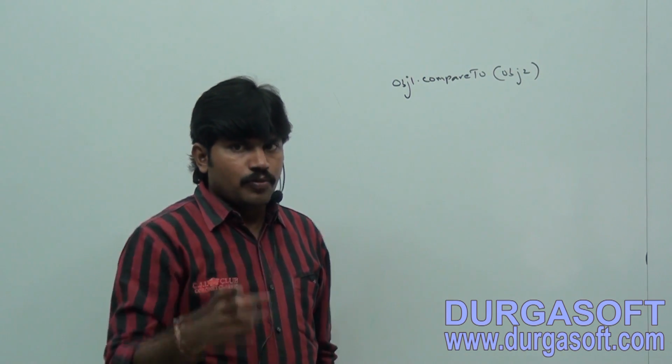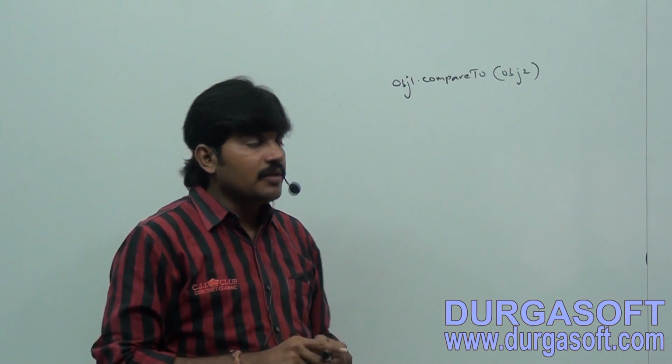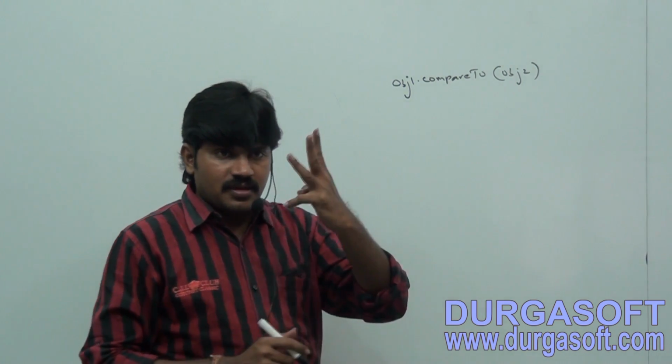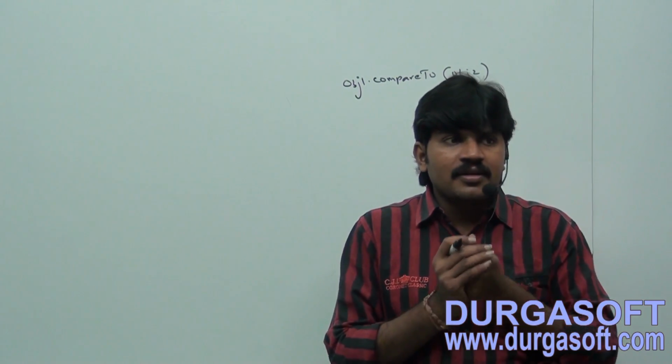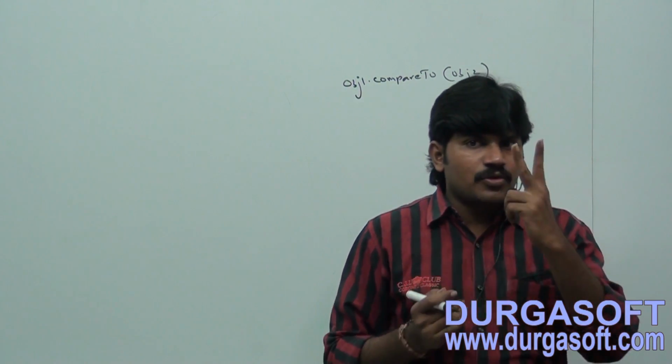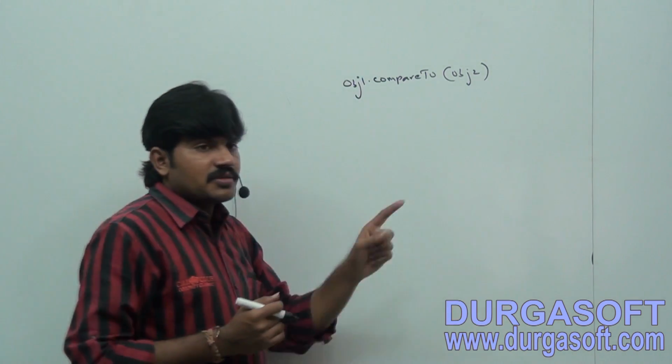Equal means duplicates are not allowed in the TreeSet. That's why there are 3 options, and so the return type of the compareTo method is not boolean. A boolean can cover only 2 options, but here there are 3.